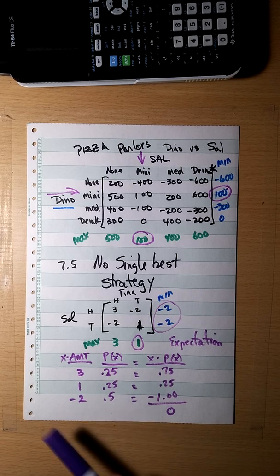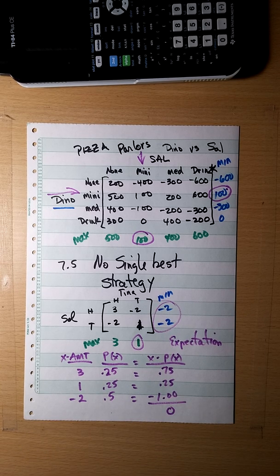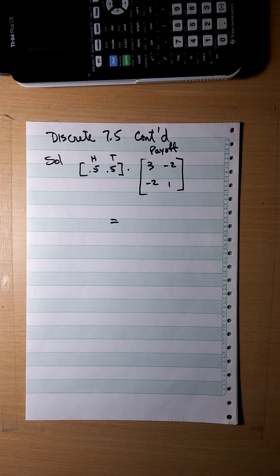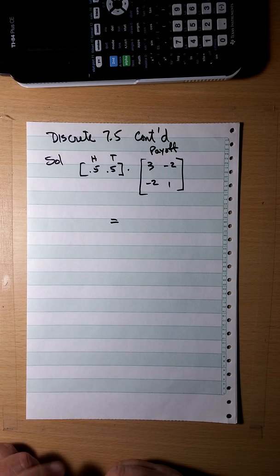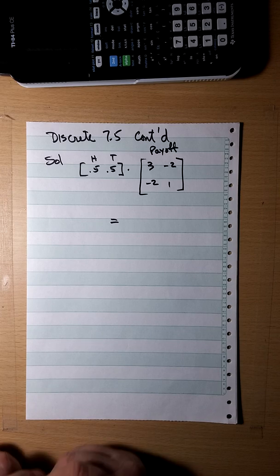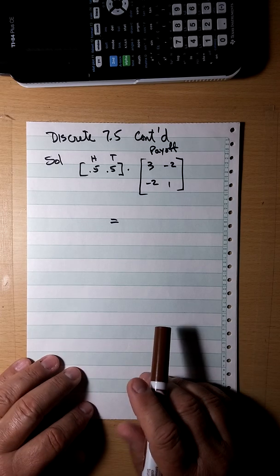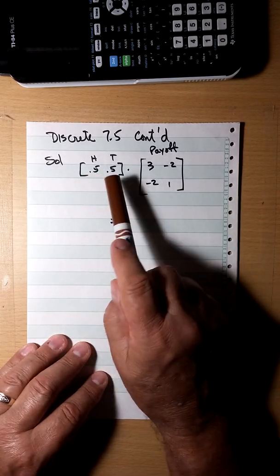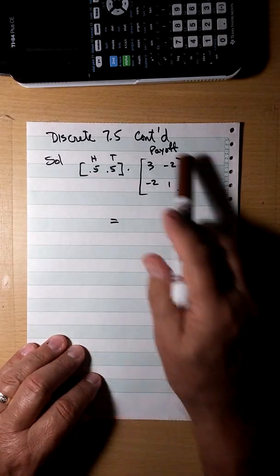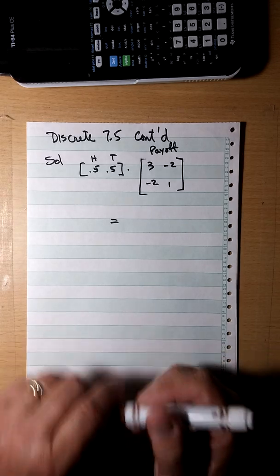But notice it was a little confusing just for this small one. When it gets to be a lot bigger, it can be a little more confusing. So let's use a little bit of matrix algebra to figure some of these out. If Sal was doing sort of 50-50, half the times choosing heads, half the times choosing tails, this is the payoff matrix.